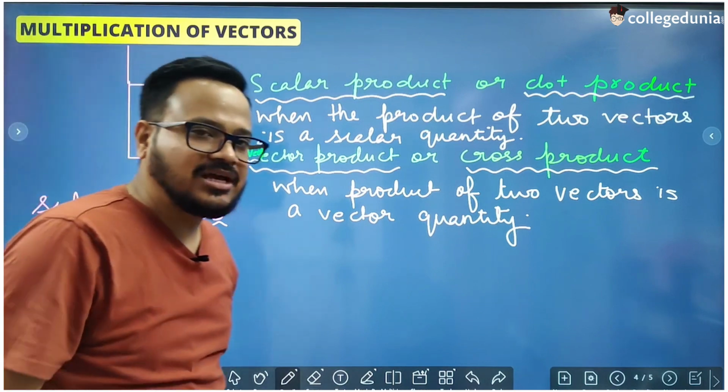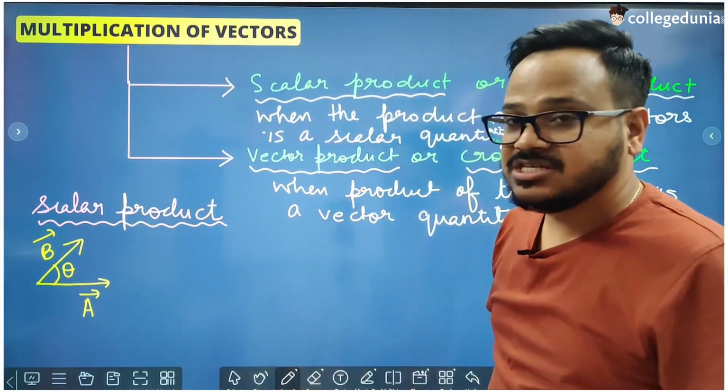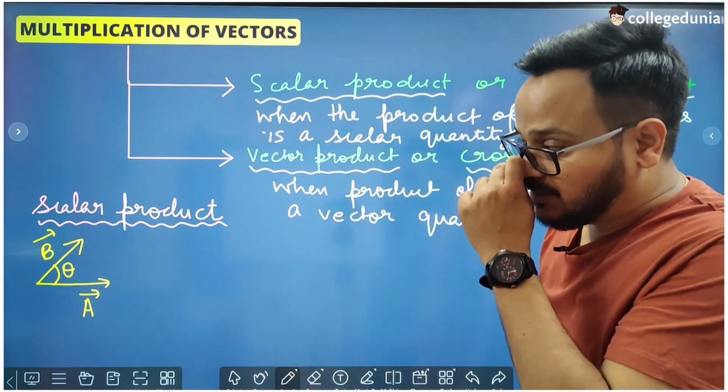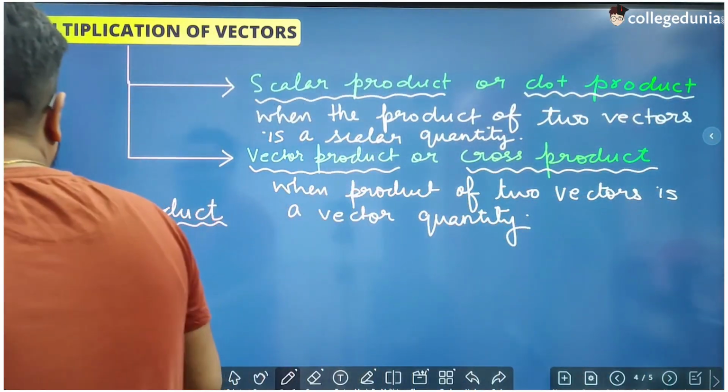The angle is always taken when the tails of the two vectors touch each other. When the tails of the two vectors coincide, then that is taken as the angle between the vectors.